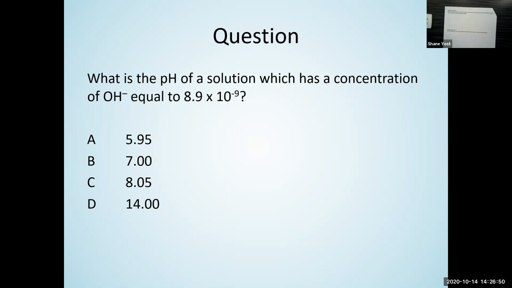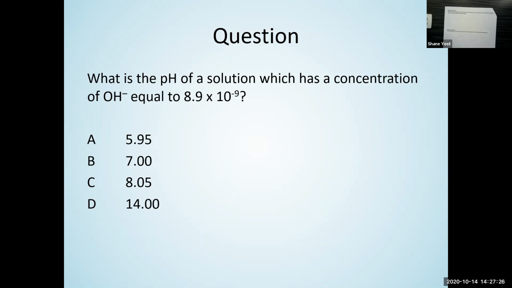And I also know the concentration of OH minus is 8.9 times 10 to the minus 9. That tells me my solution is what? Acidic or basic? It's going to be acidic, because a neutral solution has concentrations of H plus and OH minus equaling 1 times 10 to the minus 7.